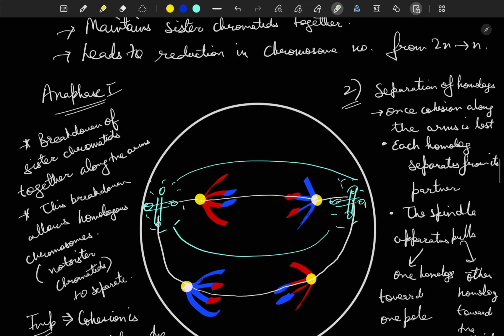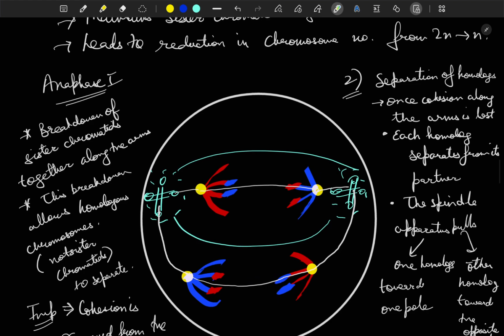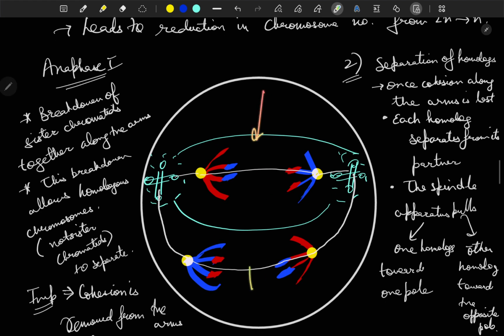Now let's turn to anaphase one. What can you observe here? Take some time. The breakdown of sister chromatid cohesion along the arms.